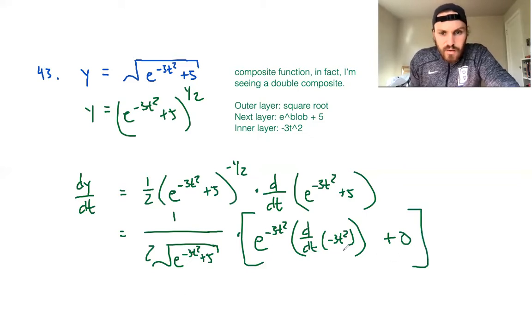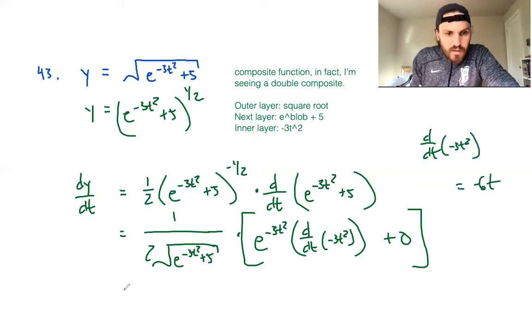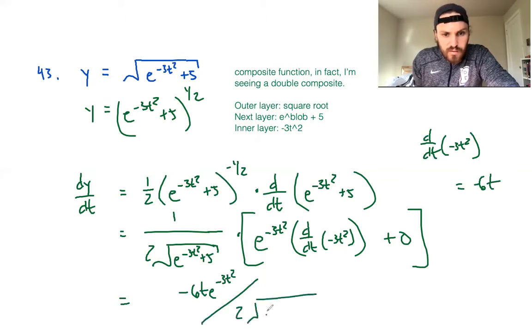So finally, we know that this negative 3t squared, right? We know that the derivative of negative 3t squared is simply negative 6t. So plugging that in, we should end up with negative 6t e to the negative 3t squared divided by 2 square root e to the negative 3t squared plus 5.